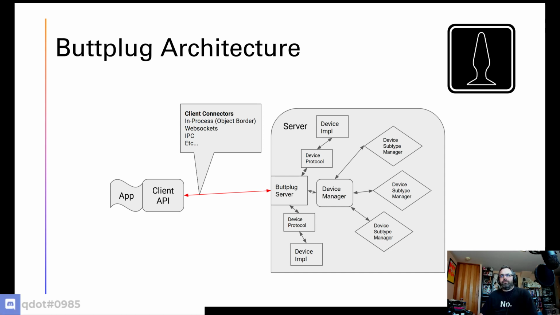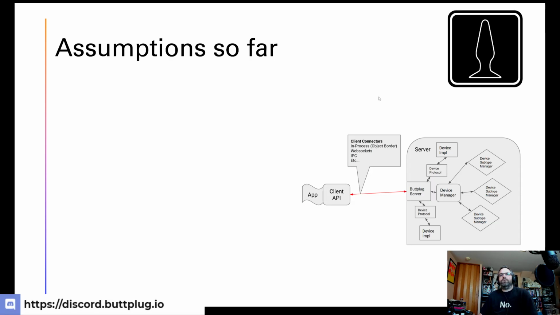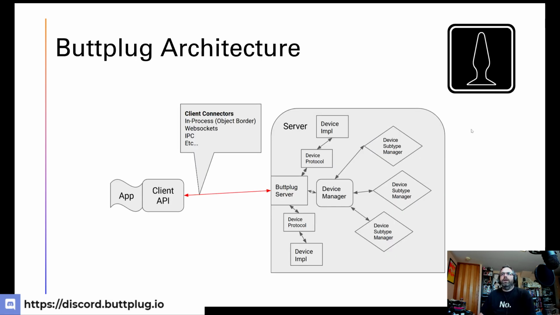So let's see here. Oh, hit the wrong button. Okay, so you can see my mouse there now. First off, we have two sides when we're talking about Buttplug. We have the client and the server.